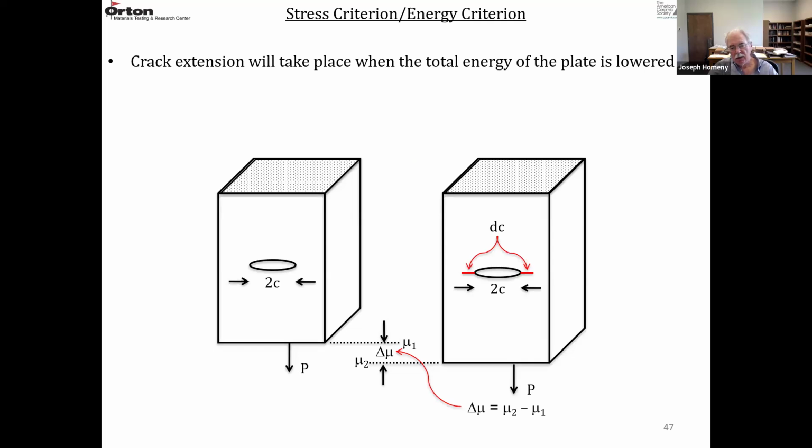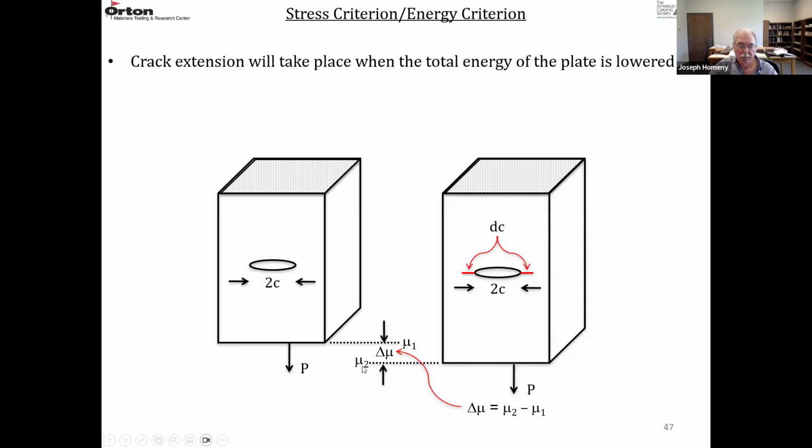So now we allow the crack to grow a distance dc from each one of these tips, opposite tips of the elliptical hole. So now we have a delta u. The first displacement is u1. When we allow the crack to grow, there's a further displacement to u2.